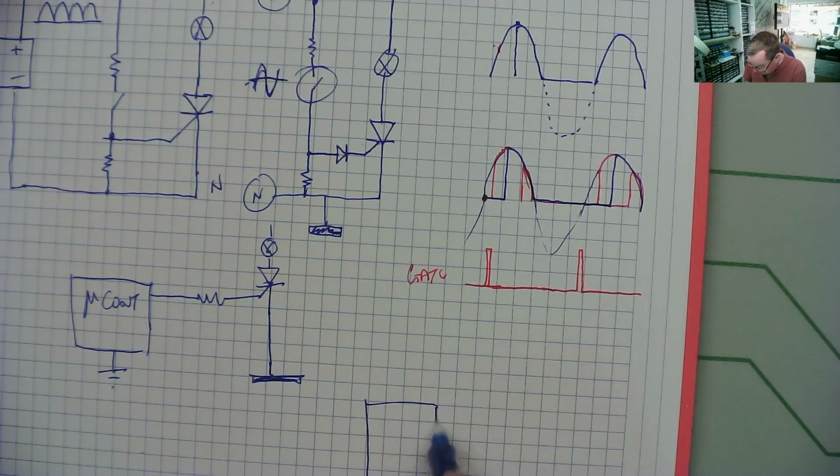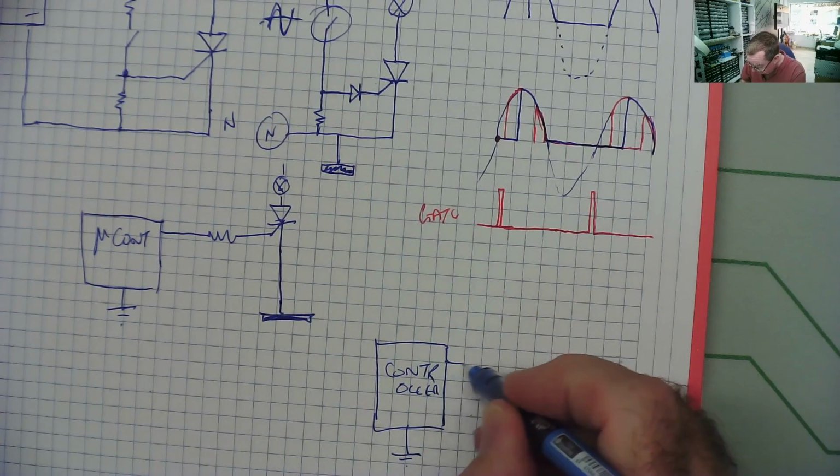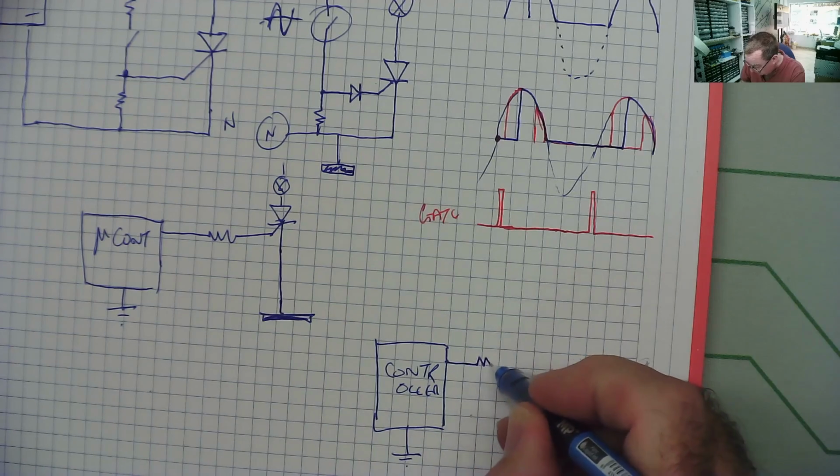I'm sure you've seen opto-isolators. You have your controller, connected to safety ground, and this connects to an opto-isolator.